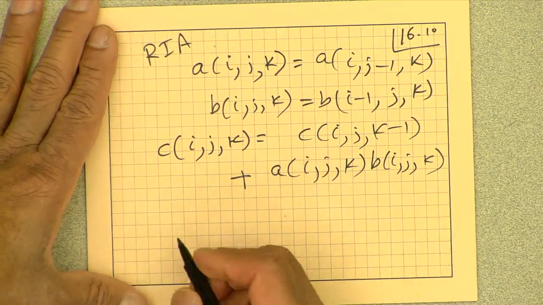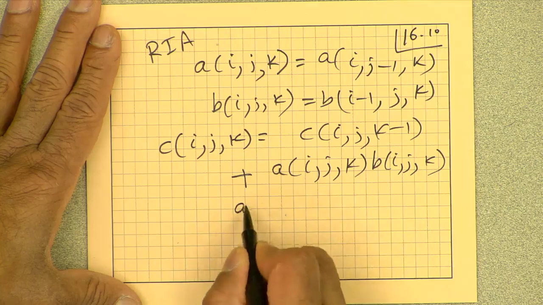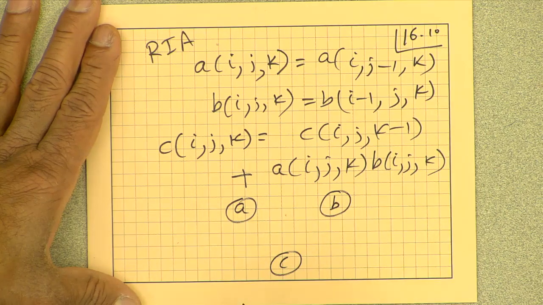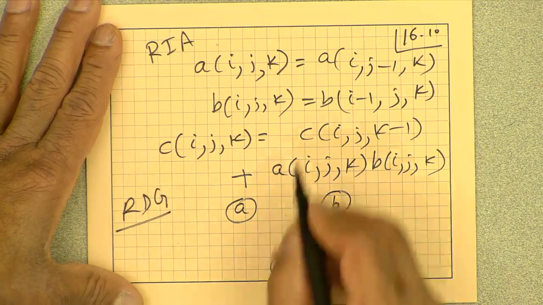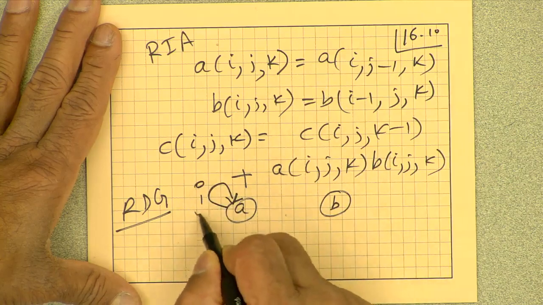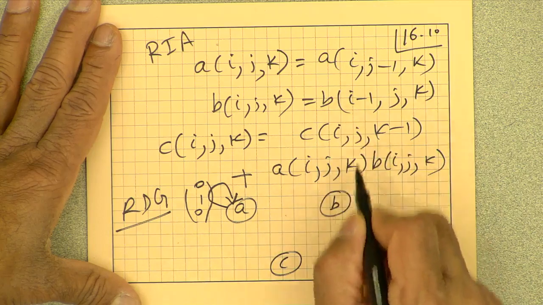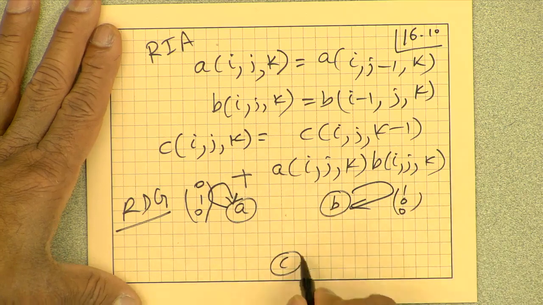The fundamental edges, so if I draw the dependence graph here, A, B and C, the reduced dependence graph. Okay. A has a vector 0 1 0, B 1 0 0, C 0 0 1.